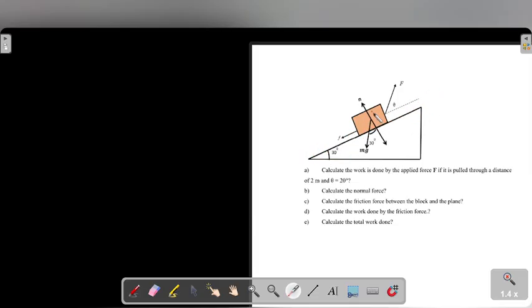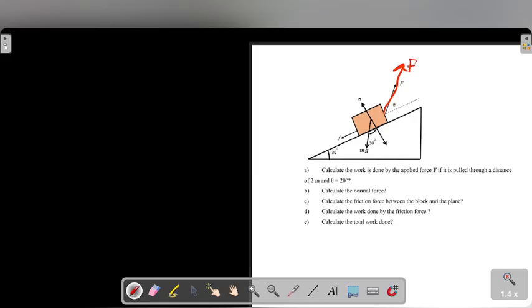Then the forces acting on this block. Since this block is being put through a distance of 2 meters in the positive x direction, as you can see, it is also being put at an angle theta there. If this block is being put at an angle of theta, we'll just extend this.